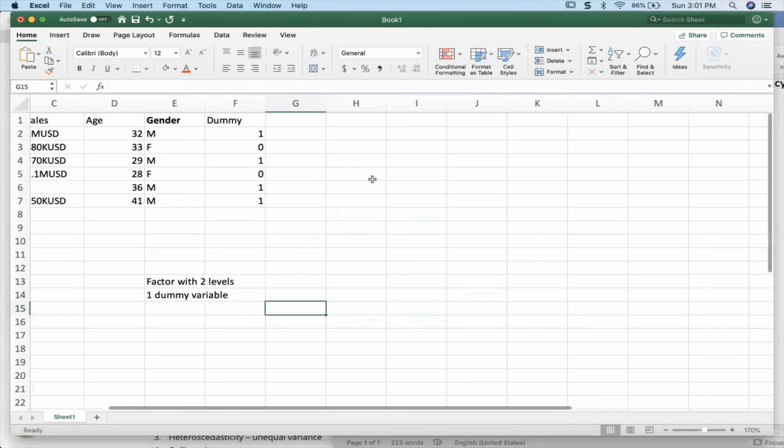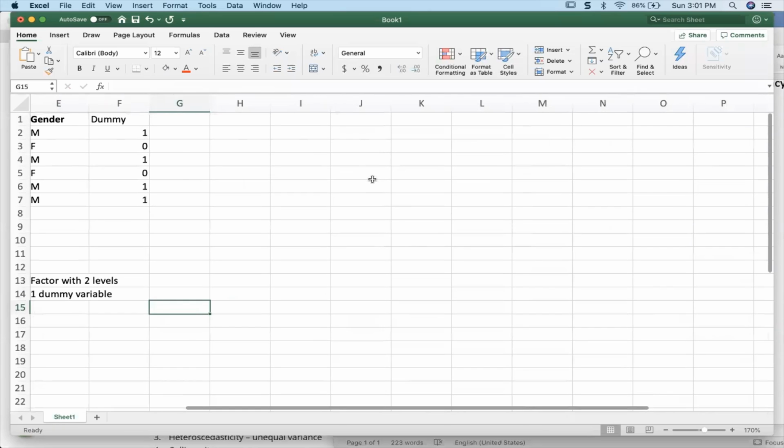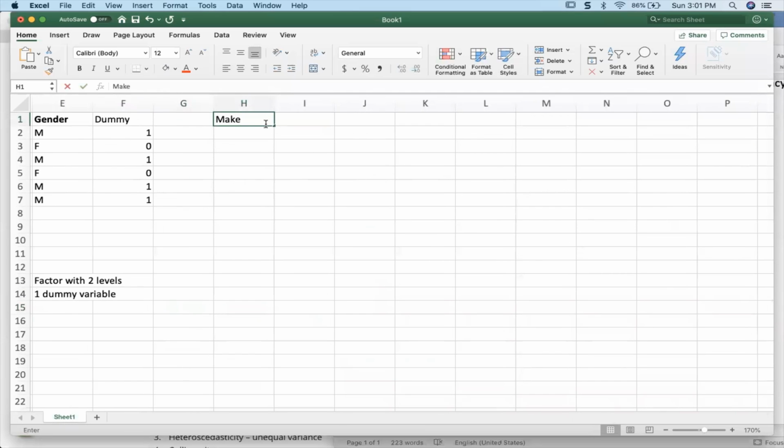Now say you have the fuel type of a car. Is that a factor?